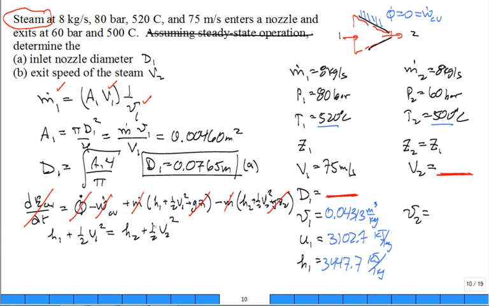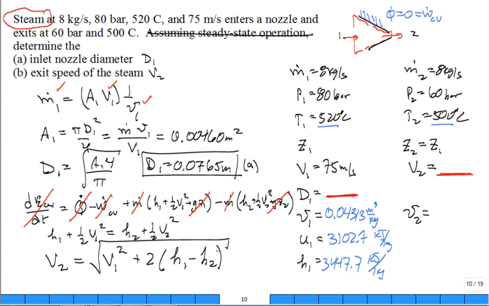Where did that come from? Conservation of energy. So if we're interested in calculating V2, it's going to be V1 squared plus 2 times (H1 minus H2), all square rooted. Did I do the algebra okay?